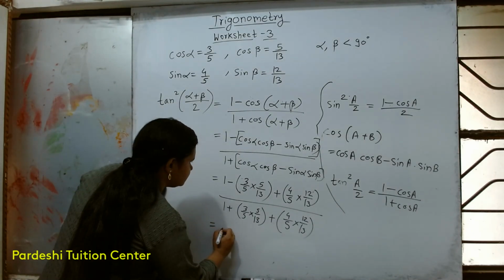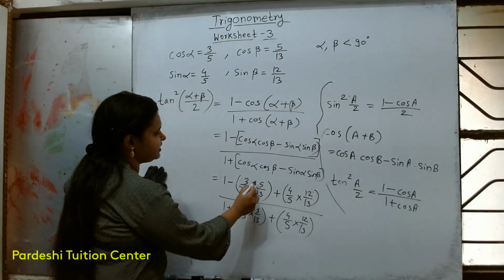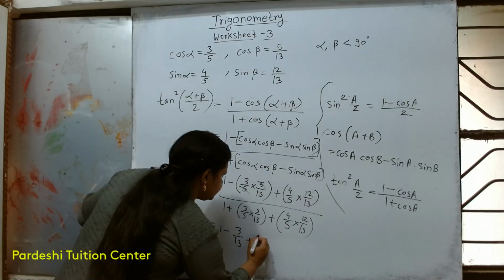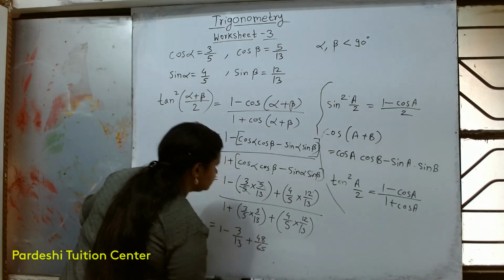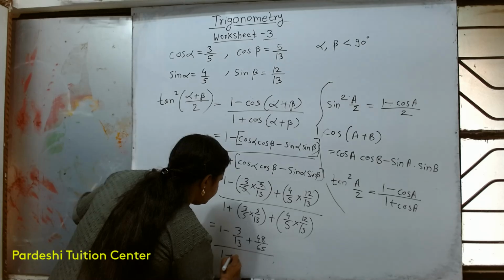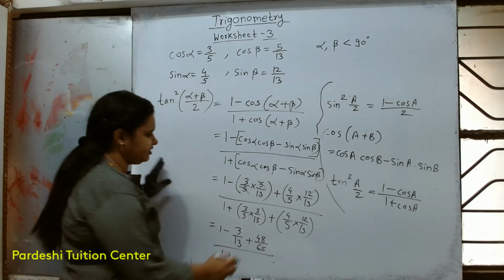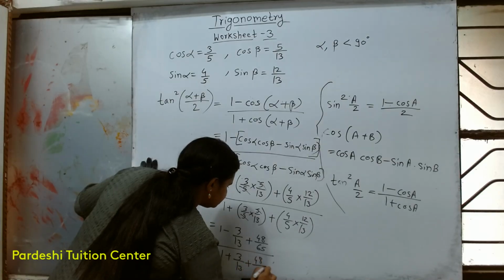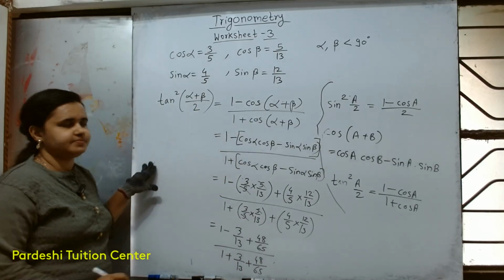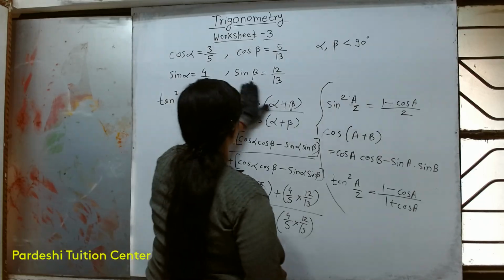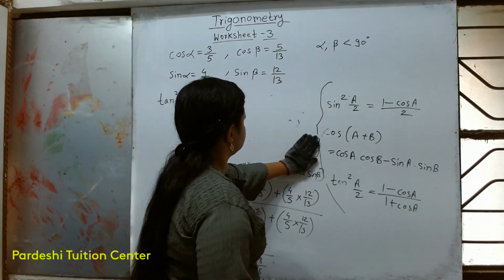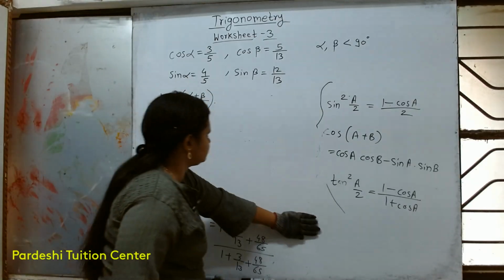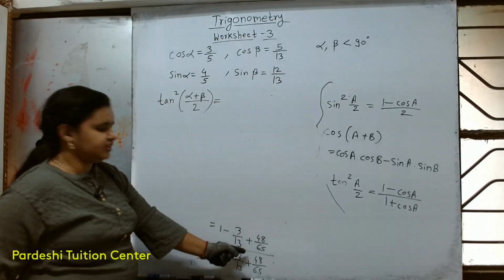Now by solving, 5 will get cancelled. It will be 1 minus 3 by 13 plus 48 by 65, upon 1 plus, now 5 again will get cancelled, 3 by 13 plus 48 by 65. So if I take LCM, it will be 65 again.